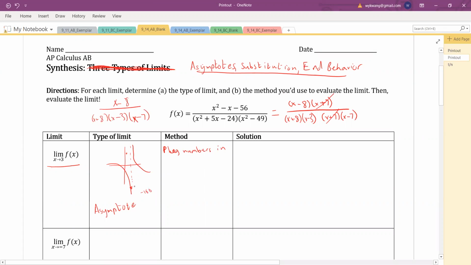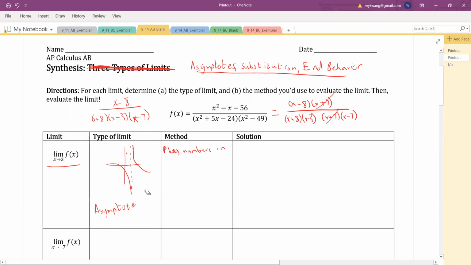That'll tell us that the limit then is going to negative infinity because we can see that it's going way down. And then if we plug in a number that's just barely more than the asymptote, maybe the asymptote's at x equals 3, right? If we plug in 3.1 and it's going to some really positive number, like 2000, then we know it's going to go to positive infinity.